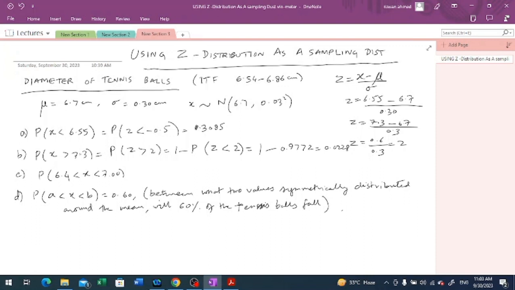There is a 2.28% chance that a randomly selected tennis ball may have a diameter above 7.3 centimeters.